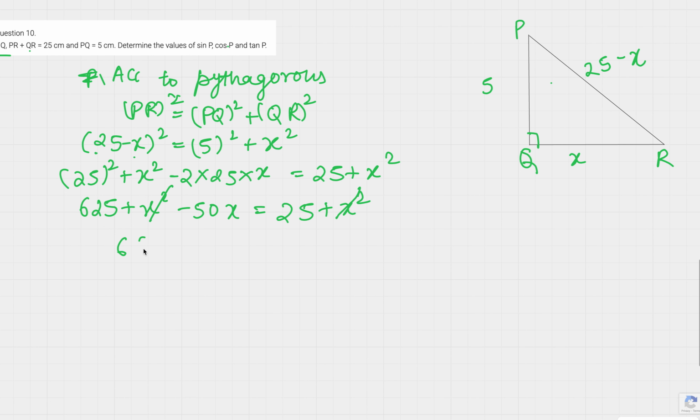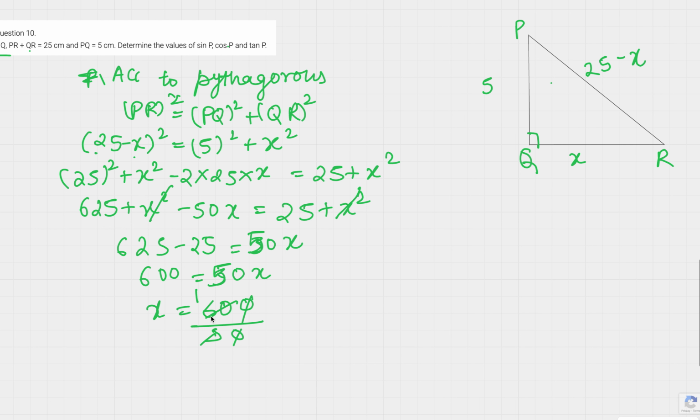Then 625 minus 25 is 600, equals 50X. So X is 600 divided by 50, which is 12. So QR is equal to 12, and PR is 25 minus 12, which is 13. Got it? So now we have all the values: 5, 12, and 13.